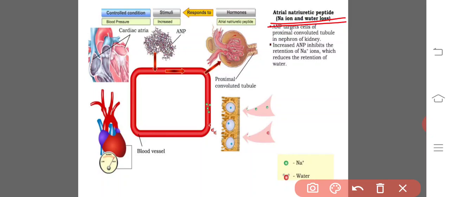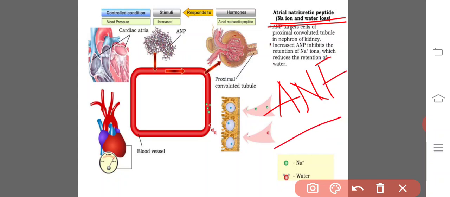The main function of the natriuretic peptide or factor is that it is always antagonistic to aldosterone and to ADH. This hormone inhibits the JGA activity, the juxtaglomerular activity, and thereby stops the production of renin.